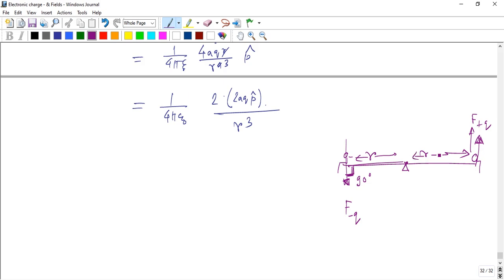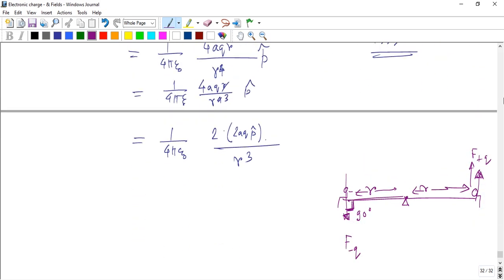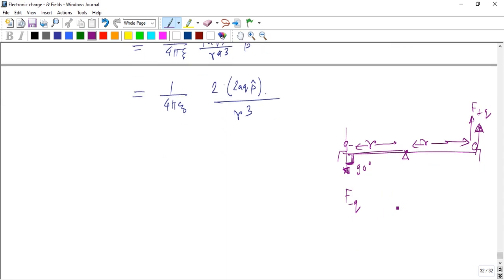So we get, put here p equal to, suppose, 2a distance times q sine 90 degrees. Sine 90 means 1, so 2aq p unit vector. Actually the direction is very important.